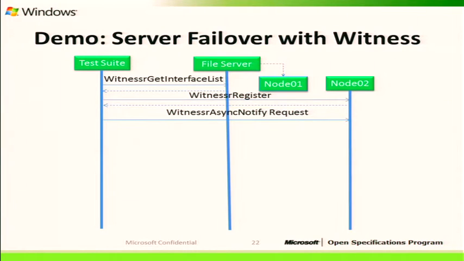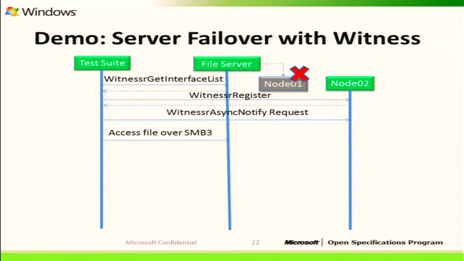Then the client will send the async notify request for further resource change notification. After that, our test suite will access the file over SMB3 on the file server. In this case, we will request a persistent handle so that the server will preserve the handle during failover.